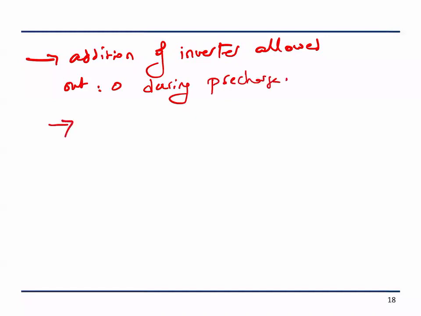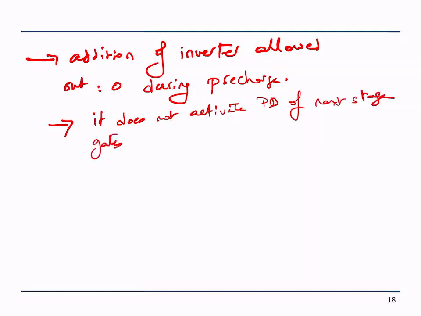This means that it does not activate the pull down of next stage gates, but this has implication on the function.